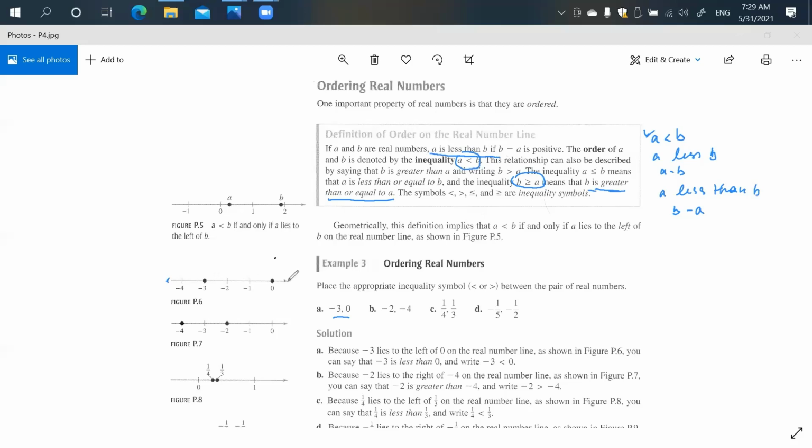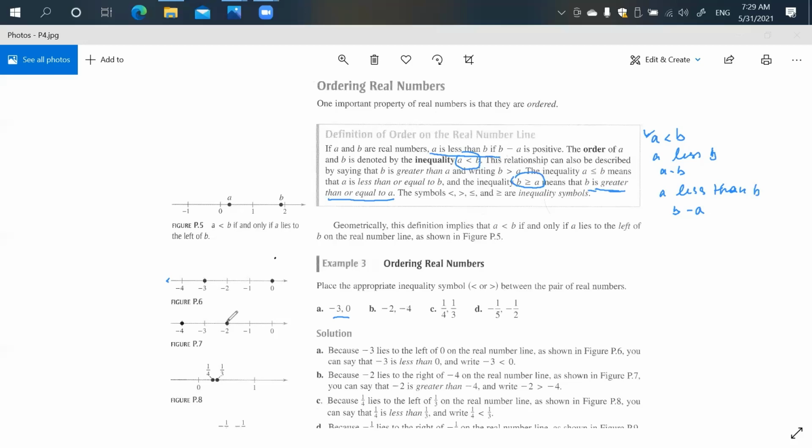So 0, on the right, has to be greater than negative 3. At the same time, negative 2 and negative 4.